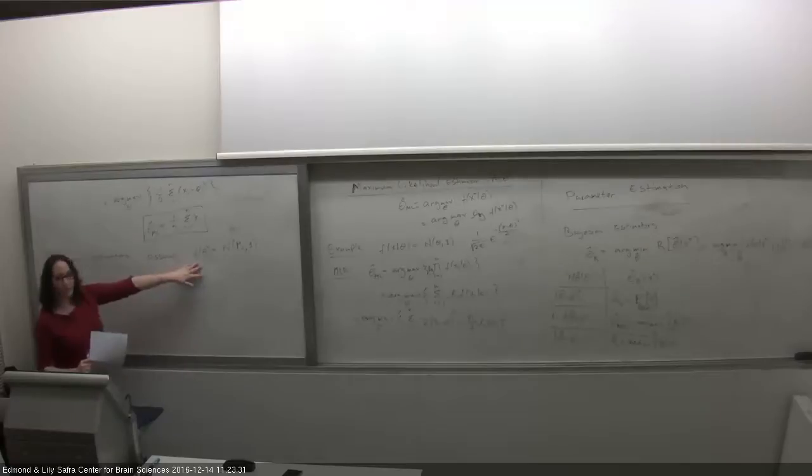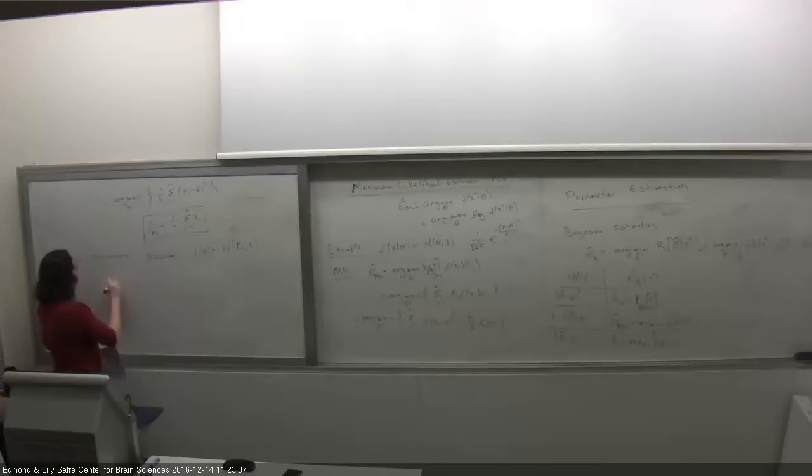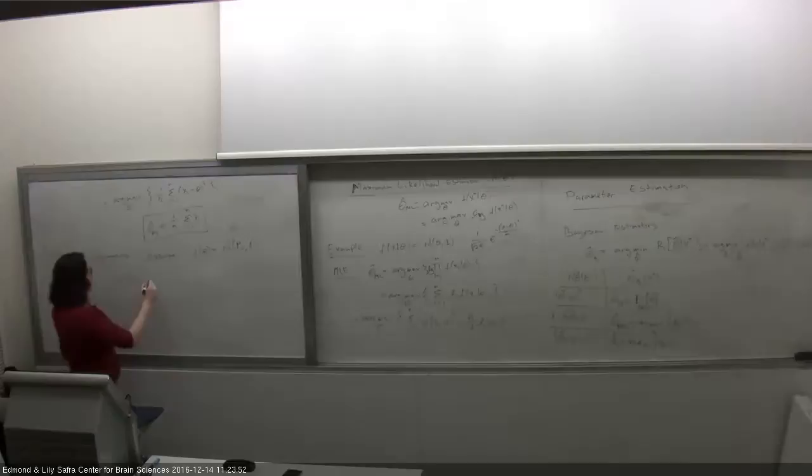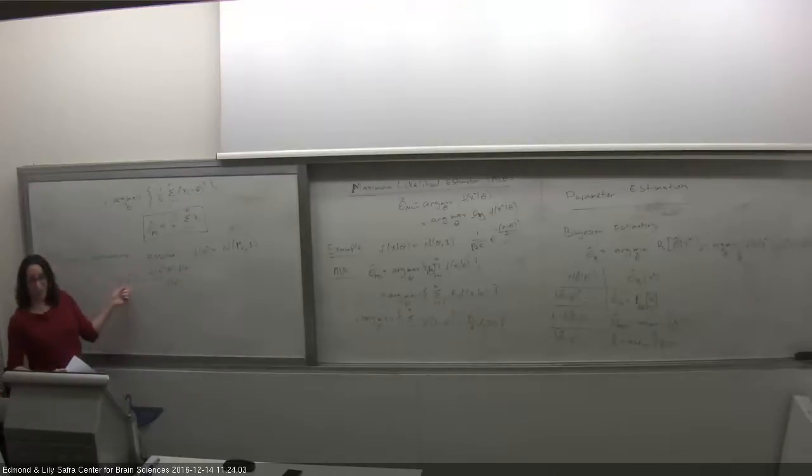Let's start by finding the posterior. Now that we have a prior, we can go ahead and do that. The posterior f of theta given xn, and this you saw already, equals, using Bayes rule, f of xn given theta times f of theta, divided by f of xn. But the posterior is a distribution over theta, not over xn.